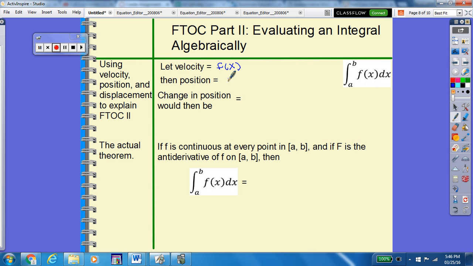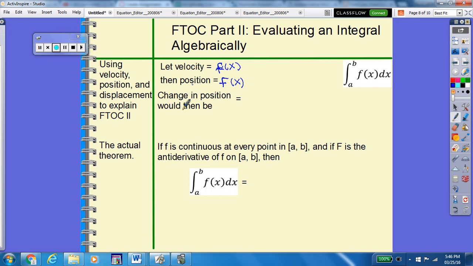Our notation for antiderivative is capital F of x. So we'll let velocity be little f of x, and we'll make position capital F of x.